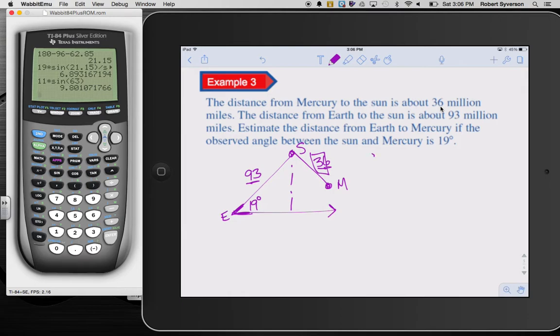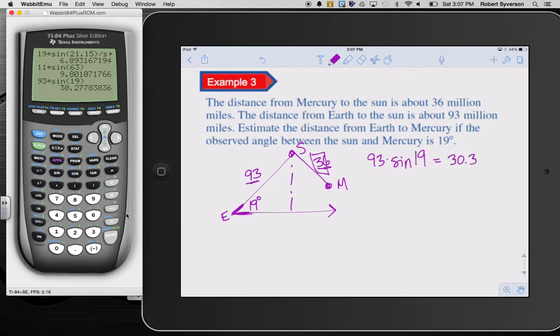And that will be done by 93 times the sine of 19. Okay, so 93 times the sine of 19. That altitude comes out to 30.3 approximately.